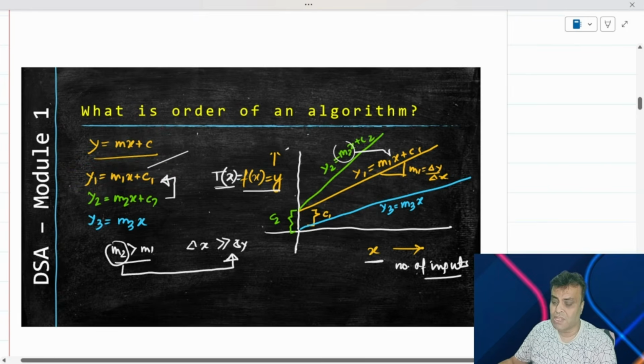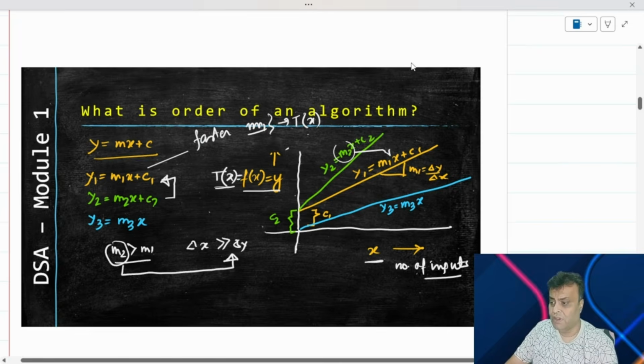So if I make this run on a faster machine, what will happen? My m1, where the time was increasing faster for a particular set of inputs, will now take much slower time. So when I say slower time, the delta here was increasing much faster.